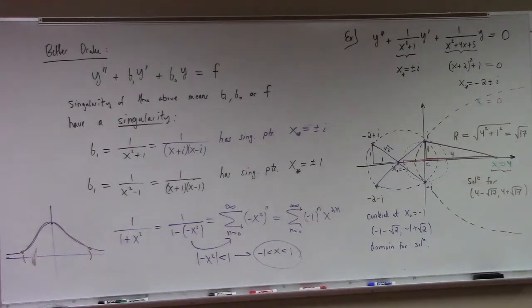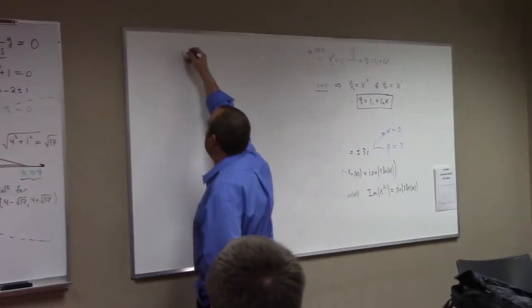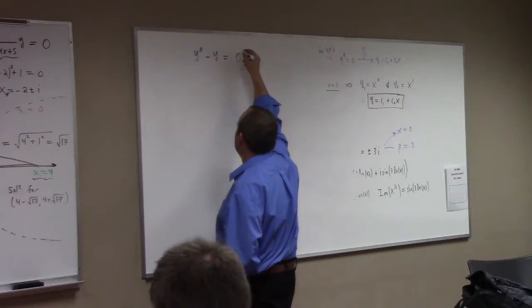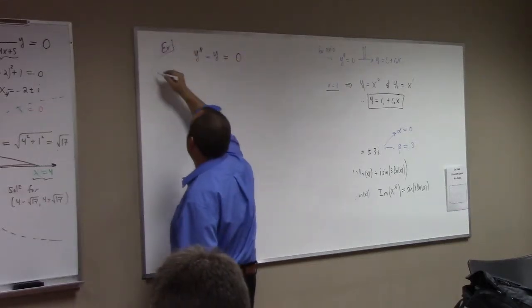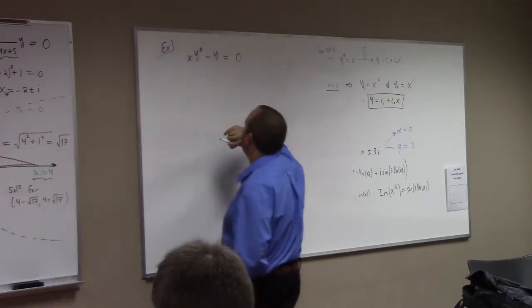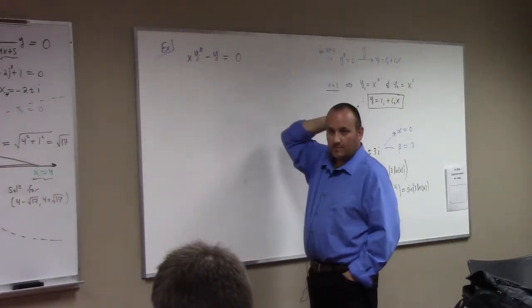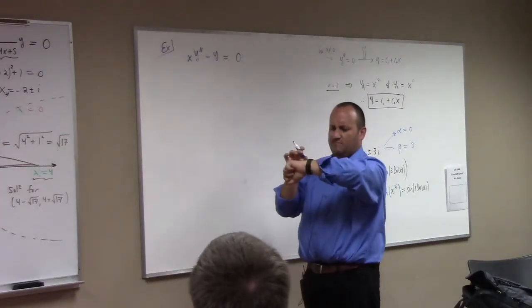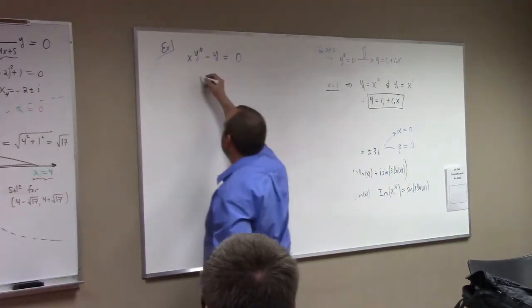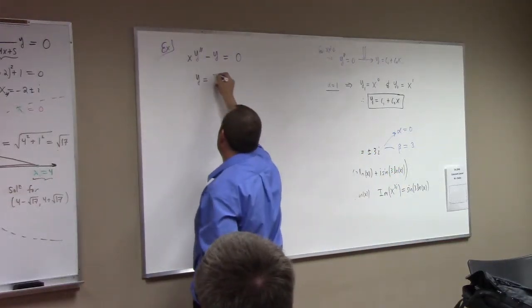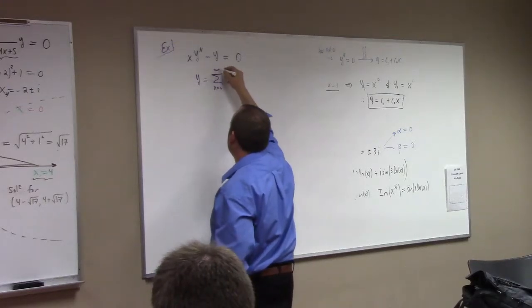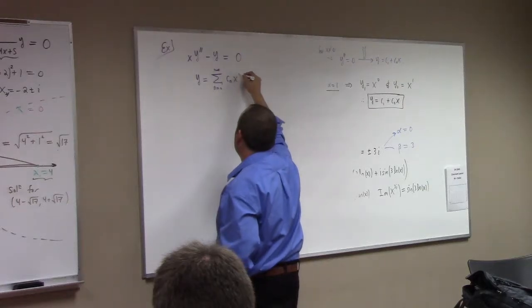Let's try one. What if I was going to try to solve, say, y double prime minus y equals 0? Oh, maybe let's make that an x. All right, I'm going to forge ahead. I may regret this. y is the sum, n equals 0 to infinity of, let's say, Cn x to the n.